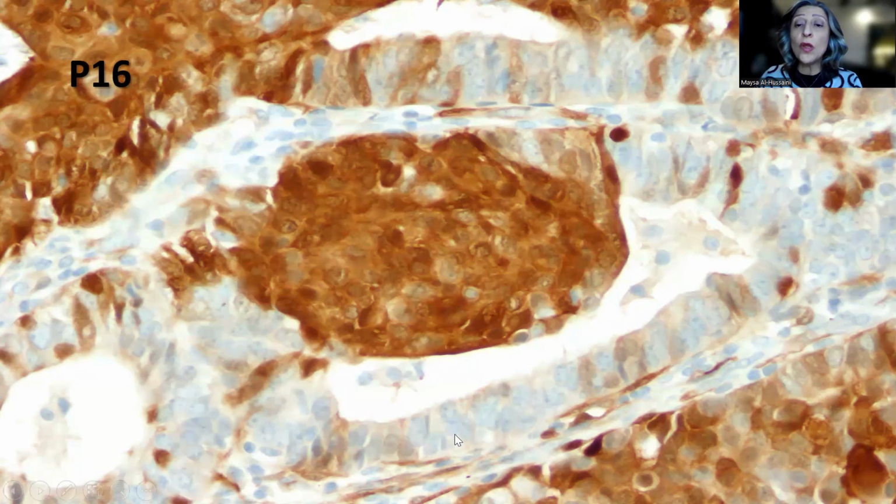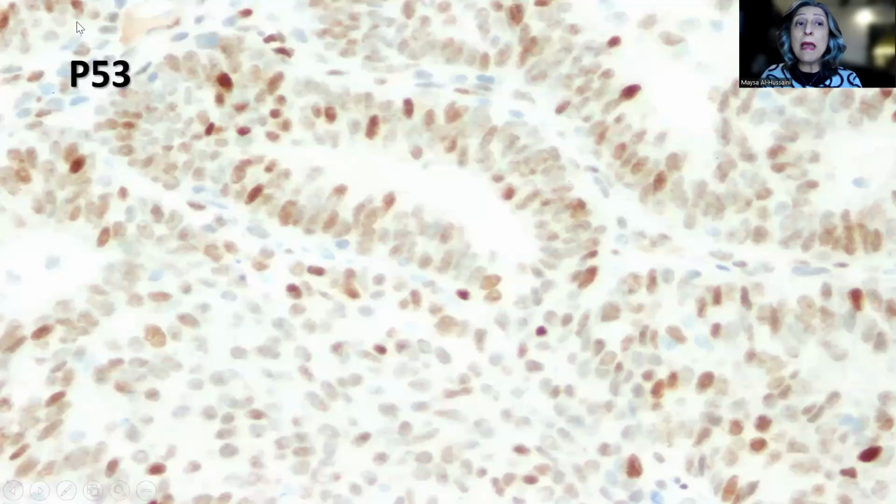So if you look at the glandular component, it shows this mosaic pattern that would in a way be interpreted as negative staining. So just be careful with this pitfall, because P16 can be positive in the squamous epithelium and in the morules in endometrial endometrioid carcinoma.